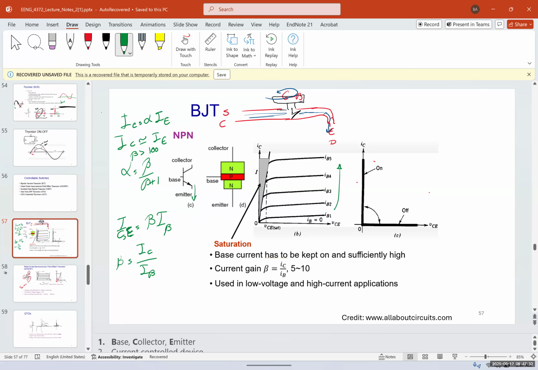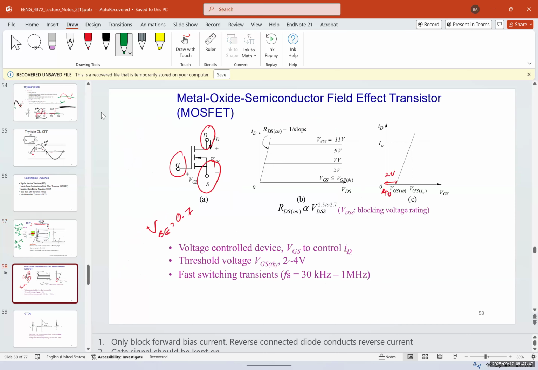So the base current has to be kept on and sufficiently high. The current gain beta, which is IC over IB, is around 5 to 10. This is used in low voltage and high current applications, so BJTs.